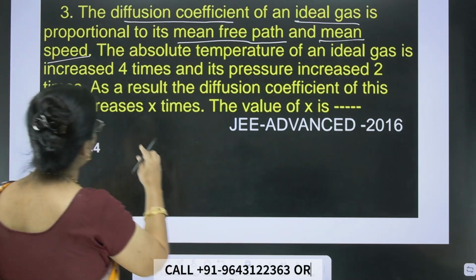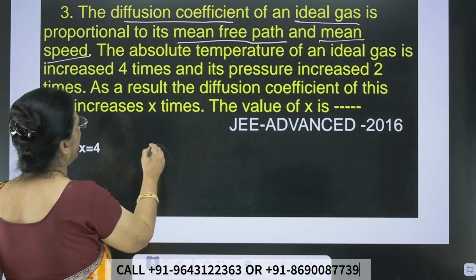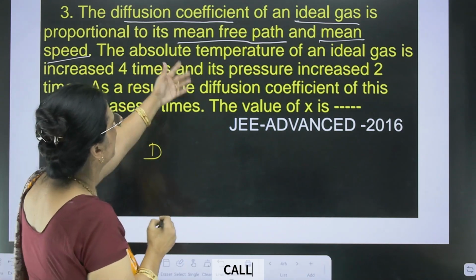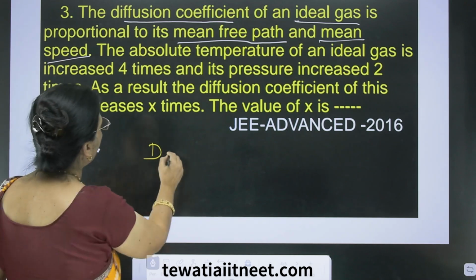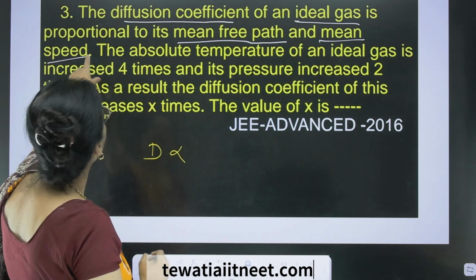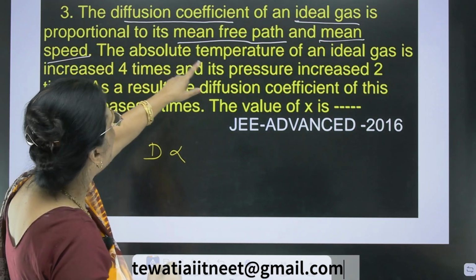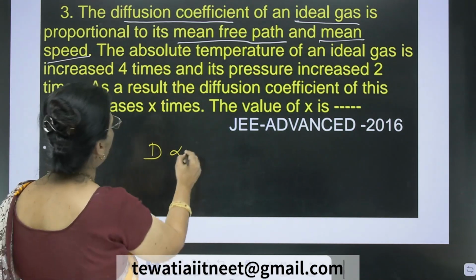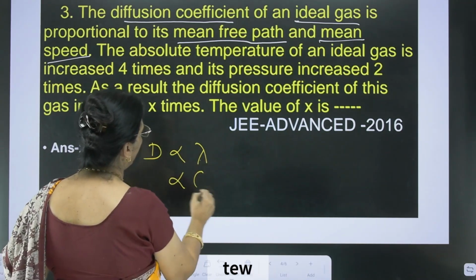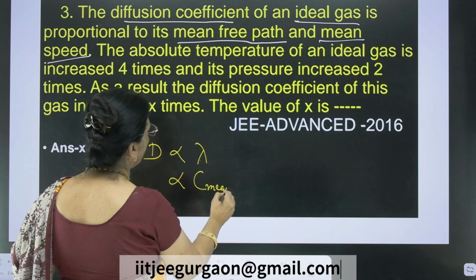Let us say the diffusion coefficient is D, and what is given? The diffusion coefficient is proportional to its mean free path and mean speed. The mean free path is given by lambda, and the mean speed is, let us say, C mean.